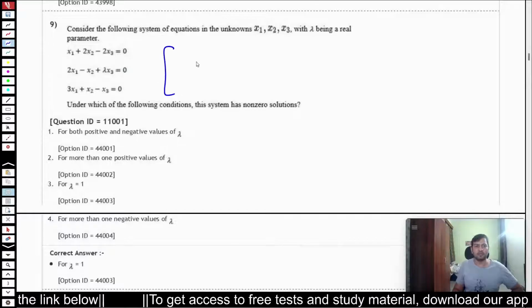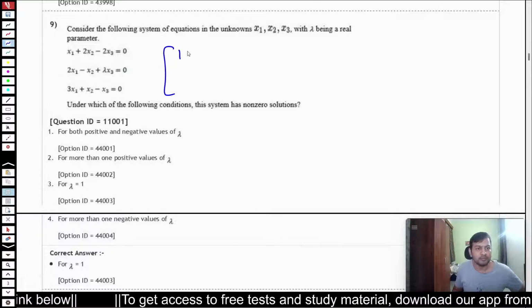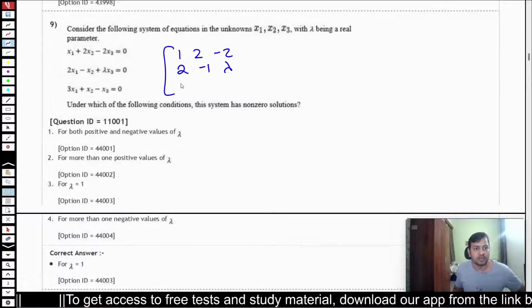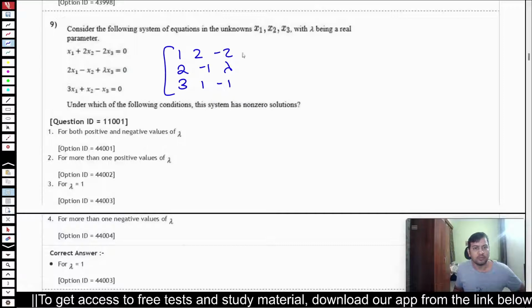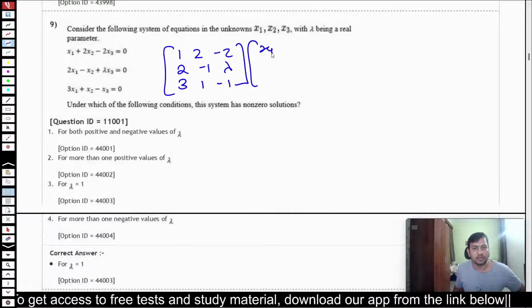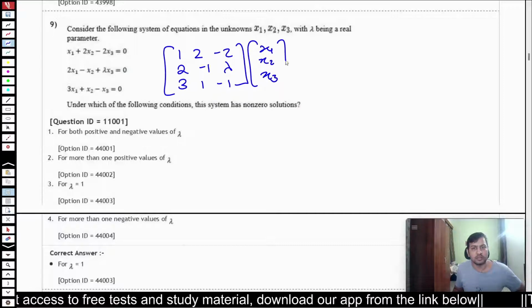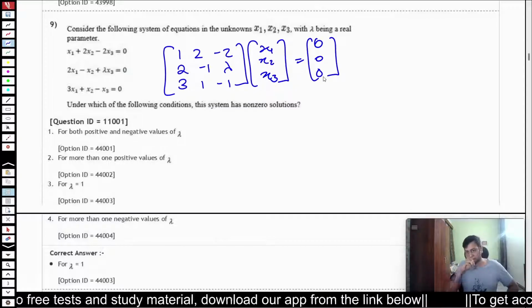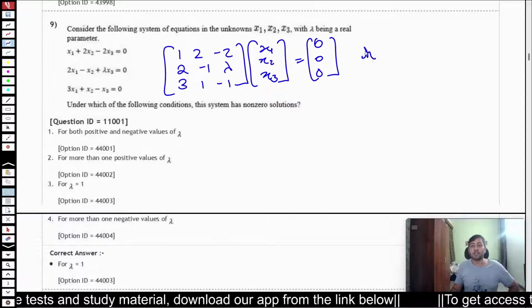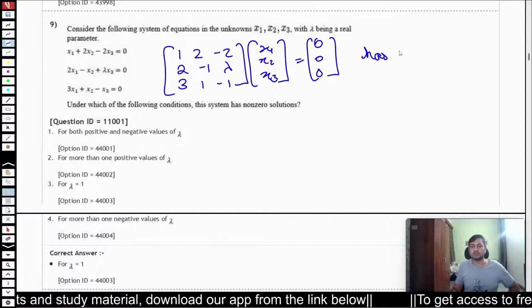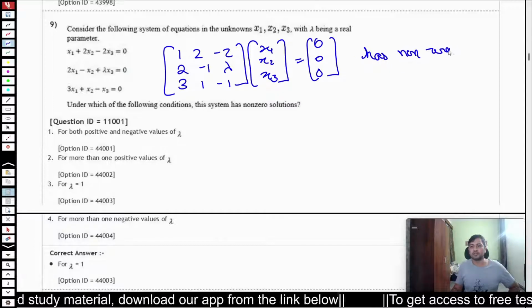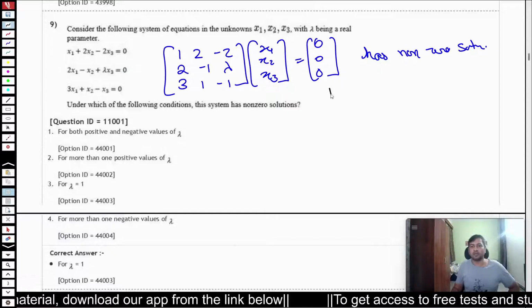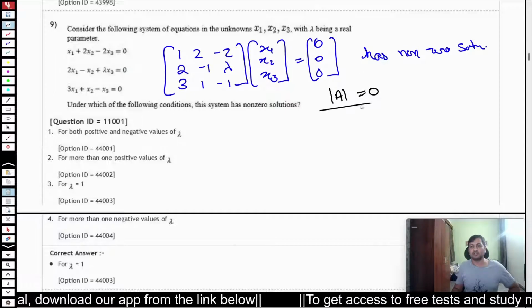So I am basically trying to solve the matrix with rows (1, 2, minus 2), (2, minus 1, lambda), (3, 1, minus 1) times (x1, x2, x3) equals 0. So I am saying Ax equals 0 has non-zero solutions. That will happen only if the determinant of A is equal to 0.